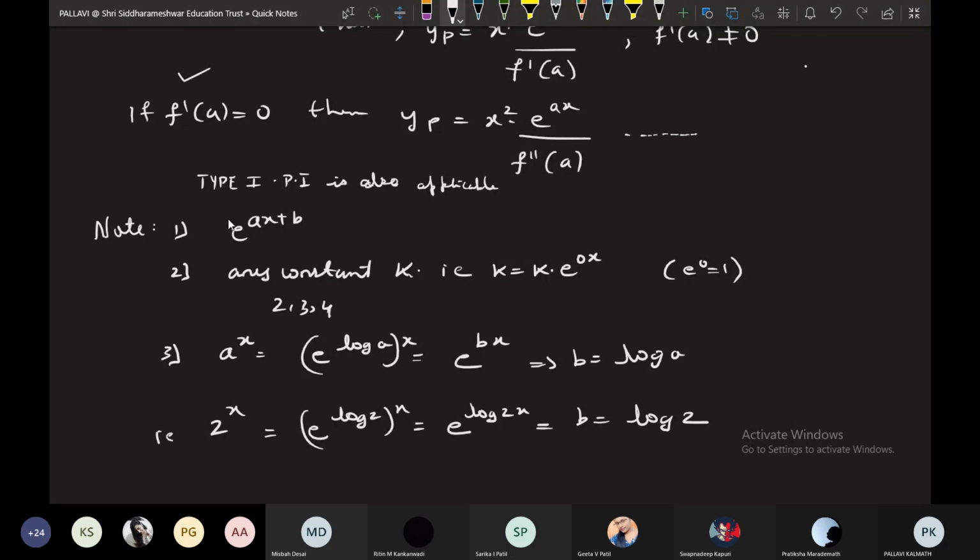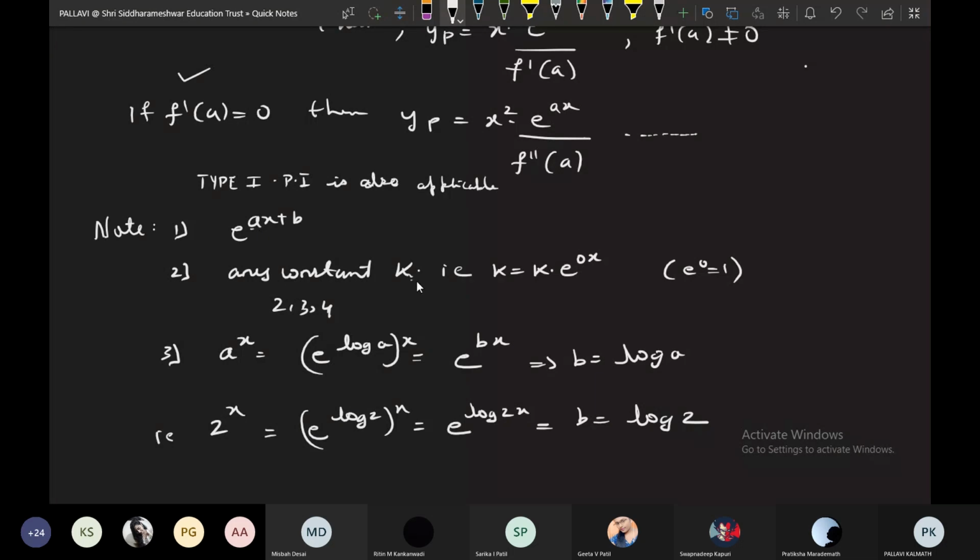Under that, write the first function as e raised to ax plus b. Let this be there in the function, that doesn't matter. We want only the value of a. Whatever a you are having, you are going to consider.